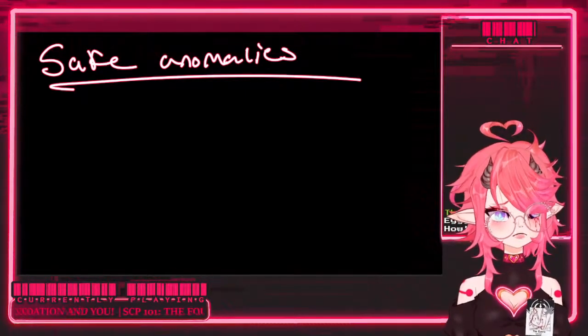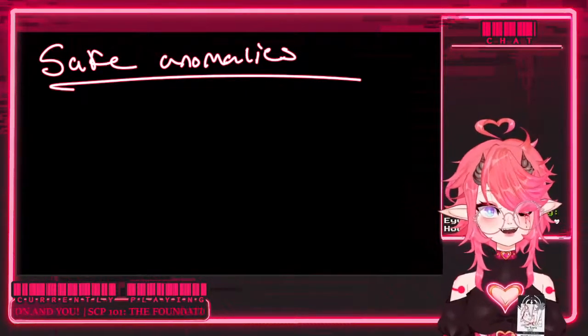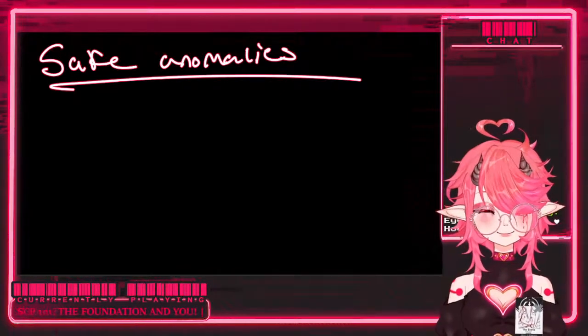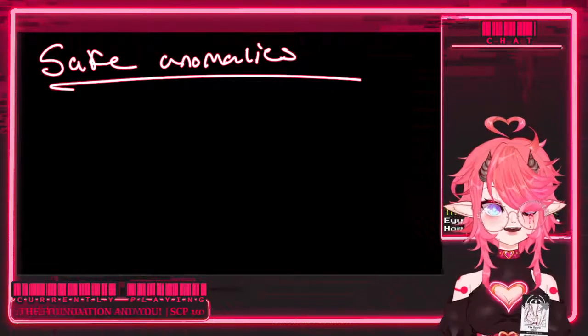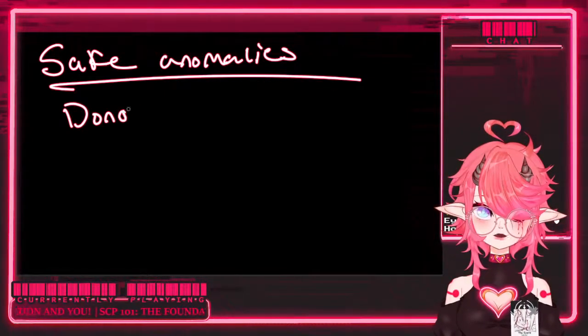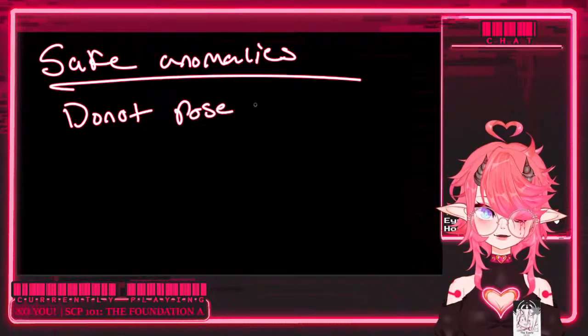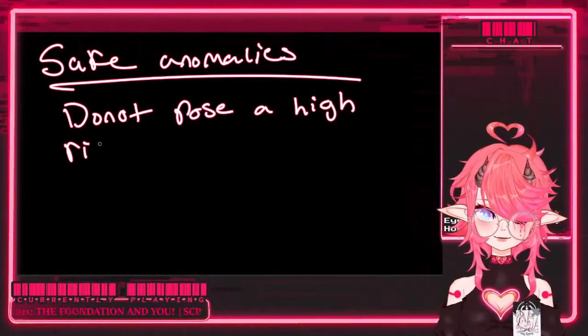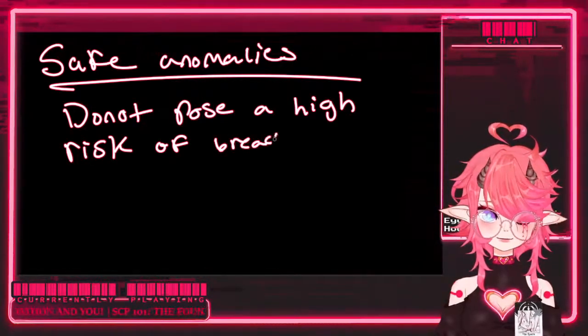I forgot to answer that. Safe anomalies have a very different sort of set of containment procedures than maybe not safe anomalies like Euclid or Keter. Safe anomalies do not pose a high risk of breach.